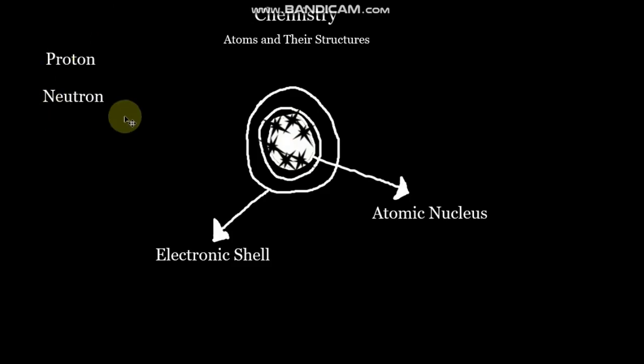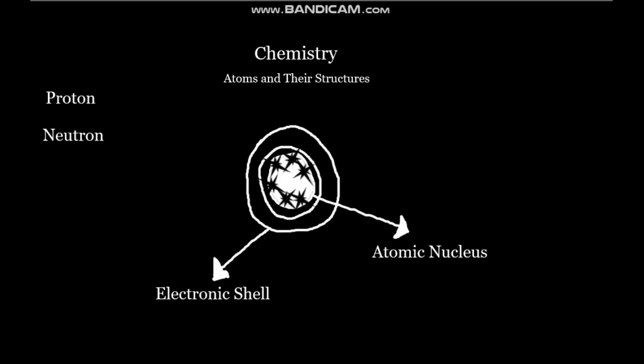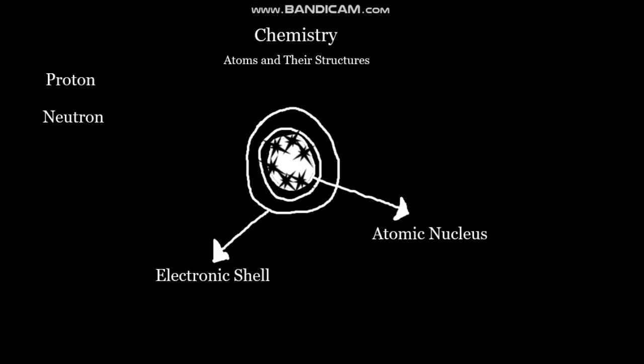A neutron is another subatomic particle that is found in the atomic nucleus, but the difference between a proton and a neutron is that a neutron is neutrally charged, so it does not have any charge. So if there are more neutrons in an atom, there won't be any change because it won't contribute to the charges in the atom.